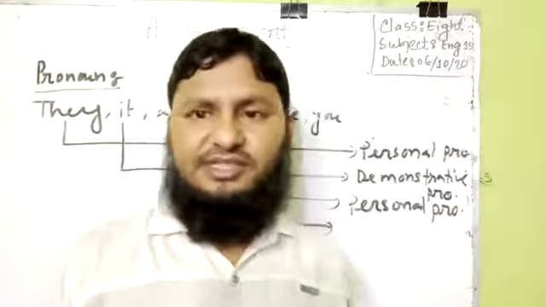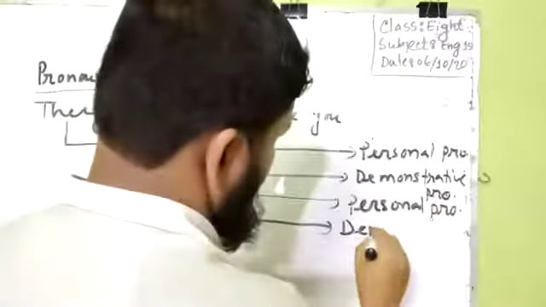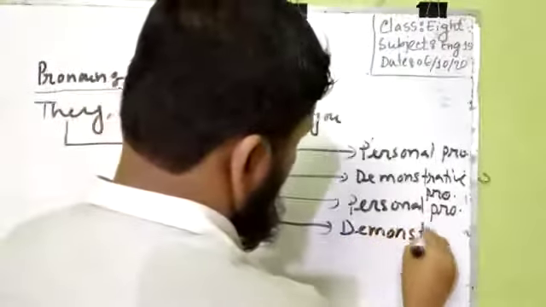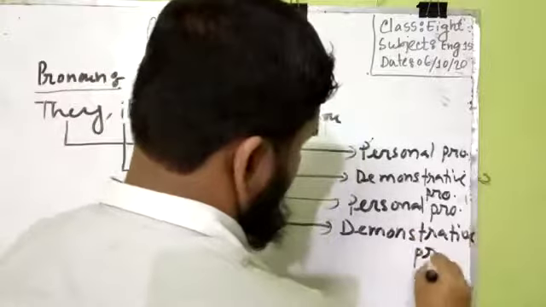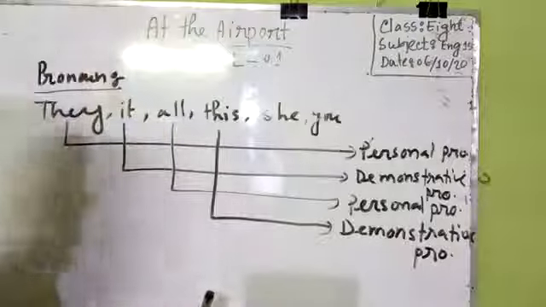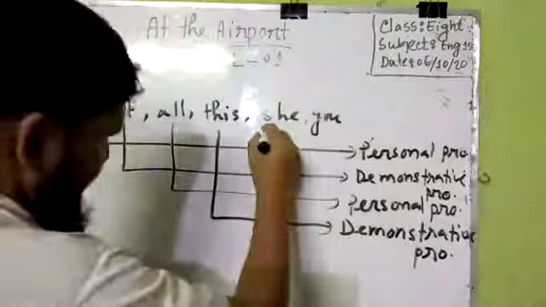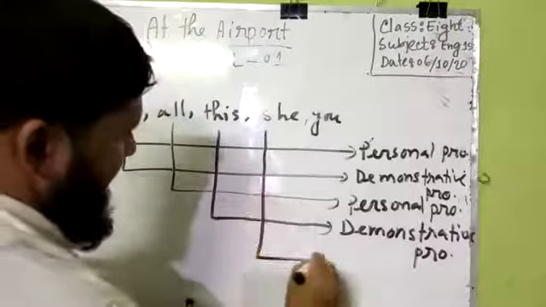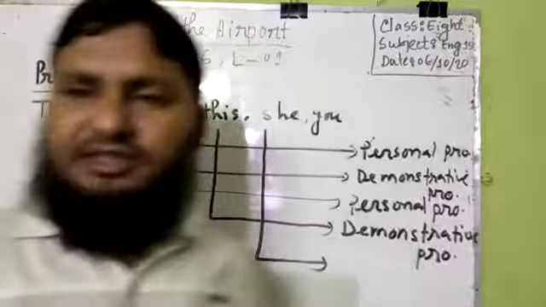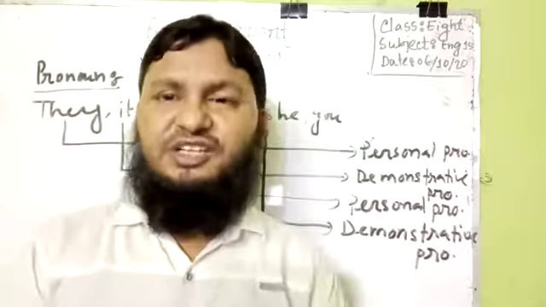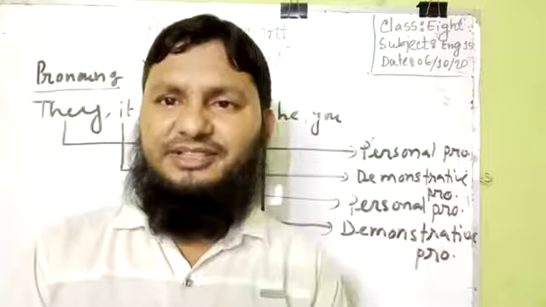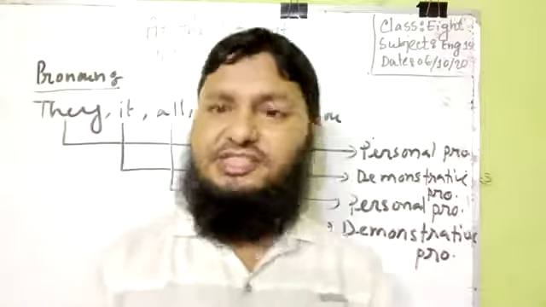So this is demonstrative pronoun. Next you can see here that she is a type of pronoun which is used to focus a girl or a woman. So she is also personal pronoun.